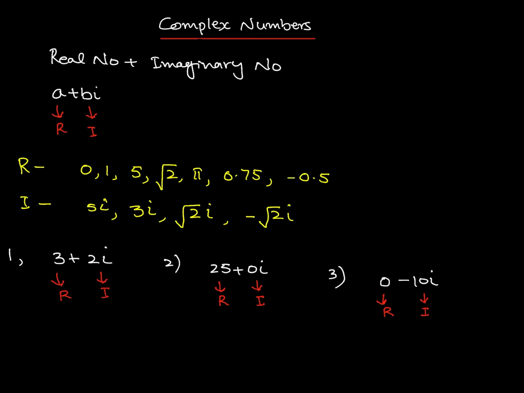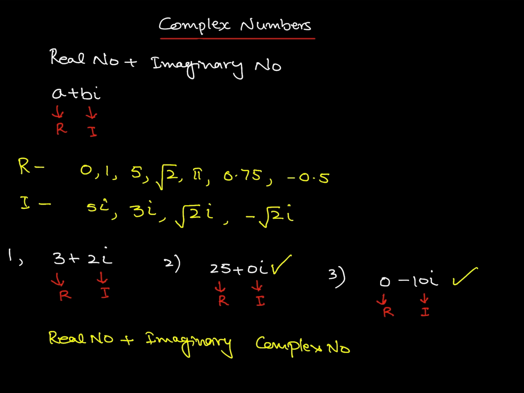So all the real numbers and imaginary numbers can be written in the form of complex numbers. Here I made you understand with the examples.